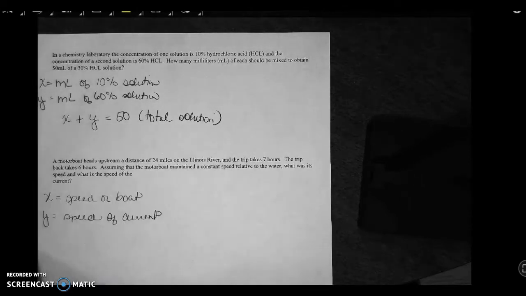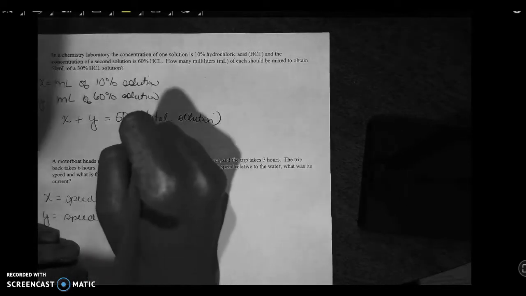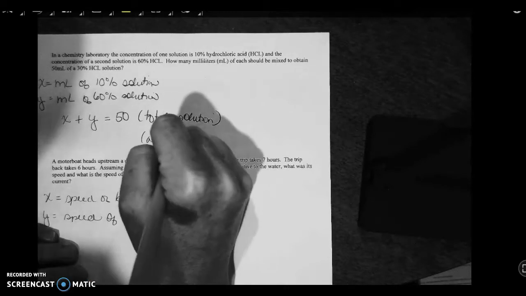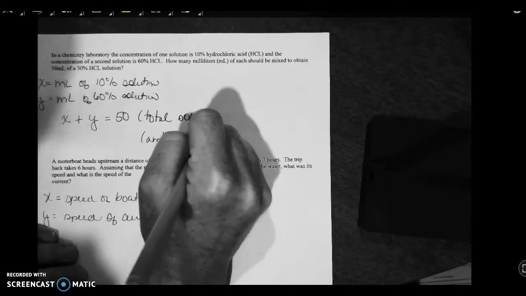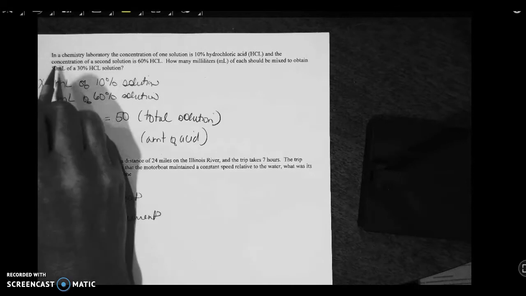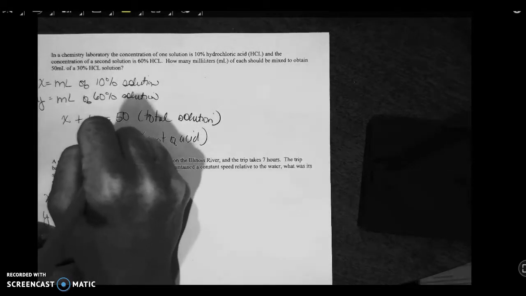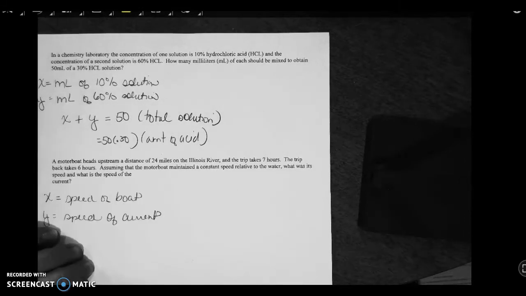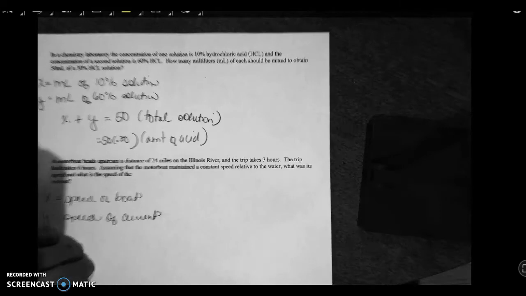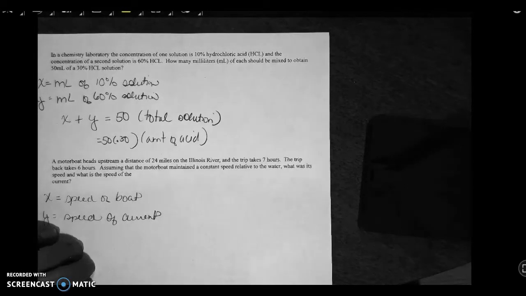My next equation is going to represent amount of acid. So if you go back and look, I know of the 50 milliliters, 30% of it is acid. So 50 times 0.3 is 15. I actually know that 15 milliliters will be hydrochloric acid.